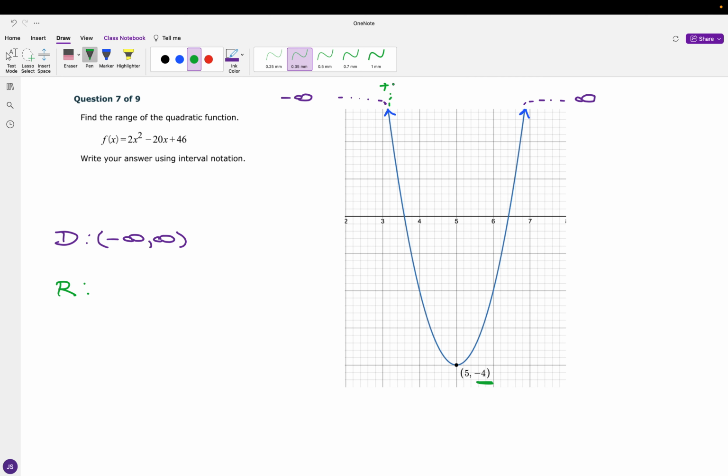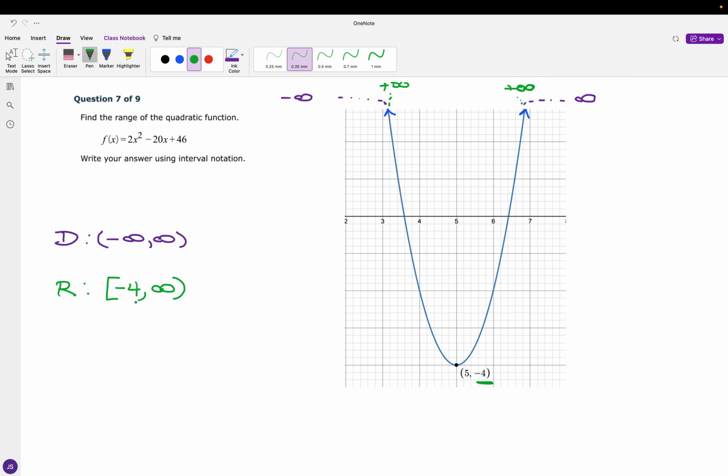As the graph moves up, the y value approaches infinity. So for the range, we're going from and including -4 at the vertex point, and the rest of the y values will be higher than -4, with continuous increase out toward infinity.